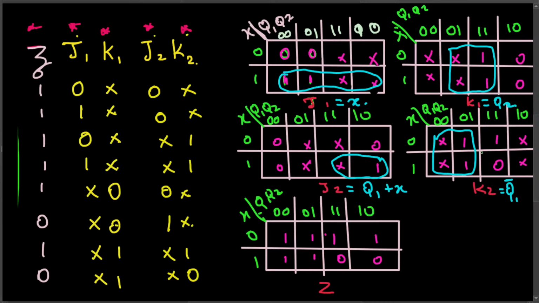And there's another 4 possible here as well. I take this 4, and for this one, Q1 and Q2 are changing, eliminated. X is remaining the same, but X is a 0, so I have to put a complement for it. Okay, Q1 bar, X bar.